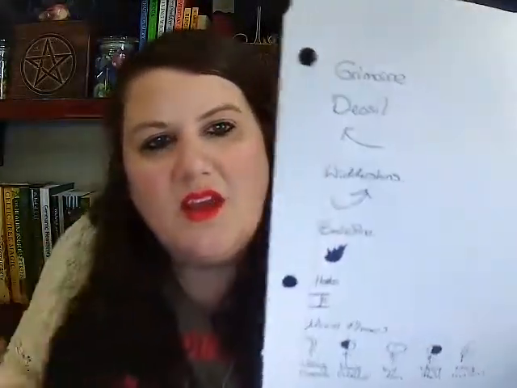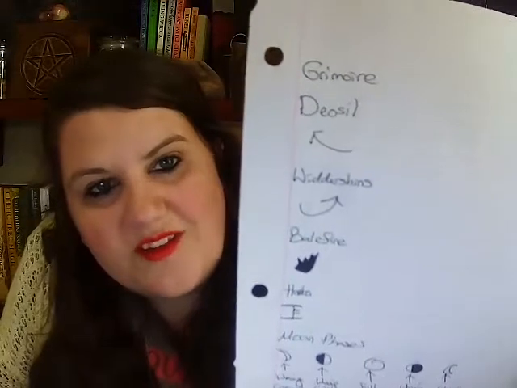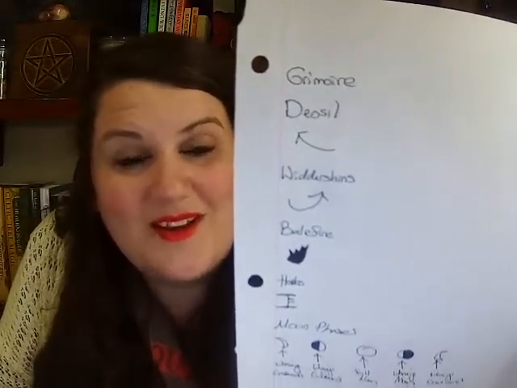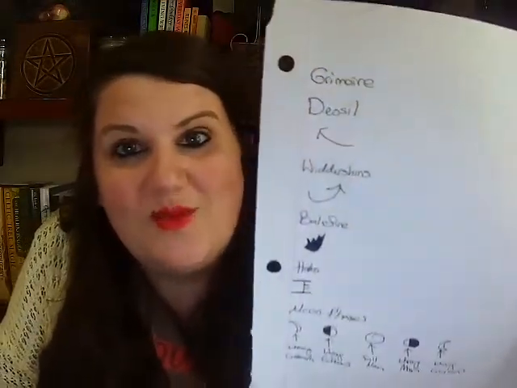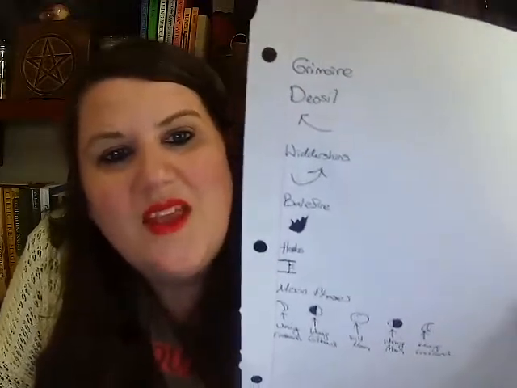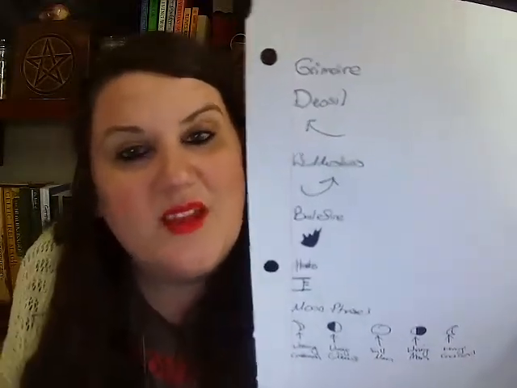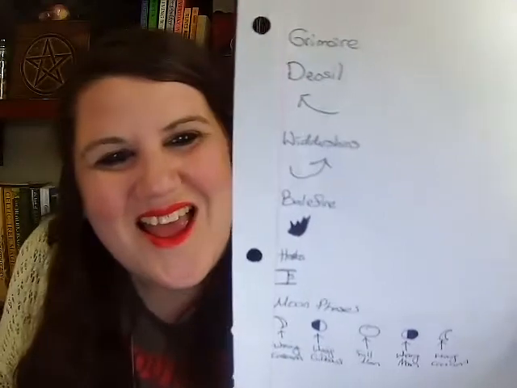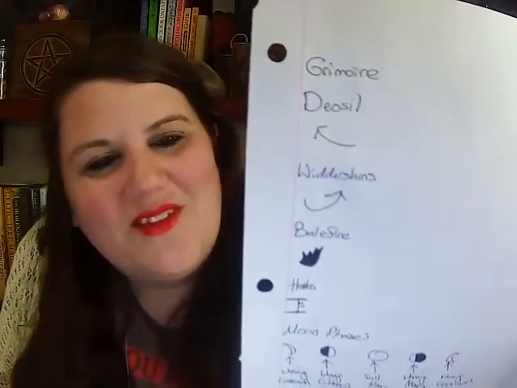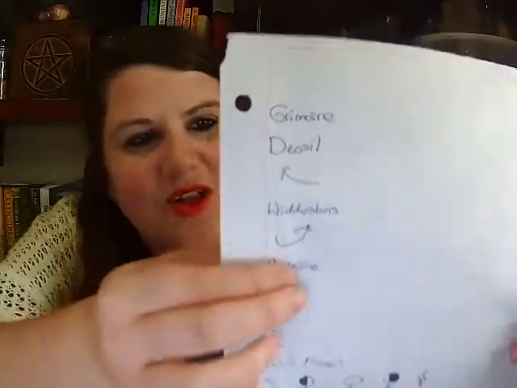Now, also for the grimoire symbols, we have an arrow going that direction for deosil. I know it has a D, but I've been reliably informed it's pronounced jessel, not dee-oh-sil. Don't ask me why. It's just what I've read. And then underneath that, we have the symbol for widdershins, which is going counterclockwise.